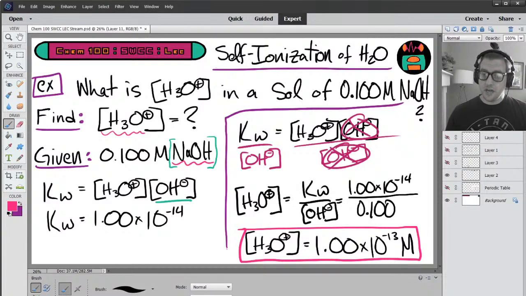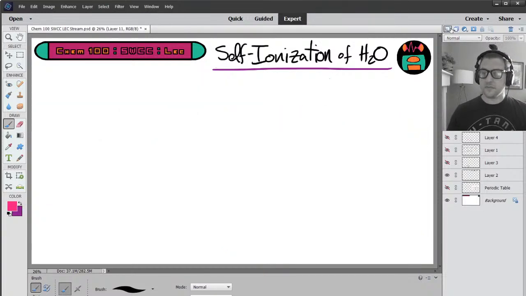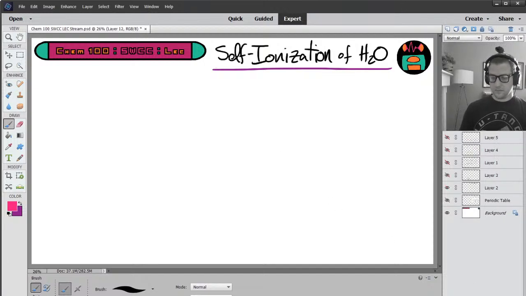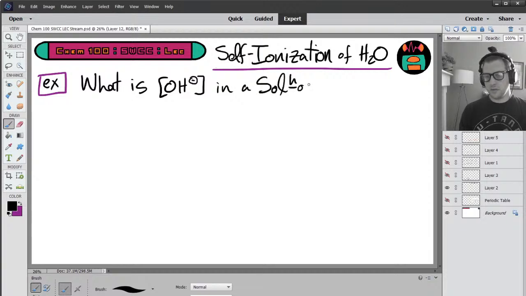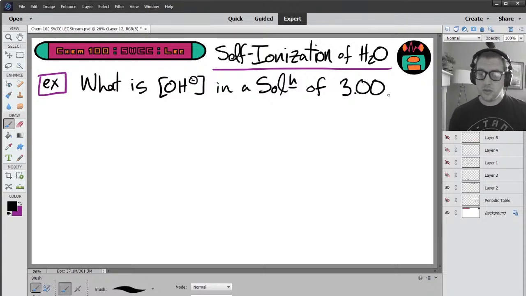Let's do another example. All right. What is the molarity of hydroxide in a solution of 3.00 molar hydrofluoric acid?